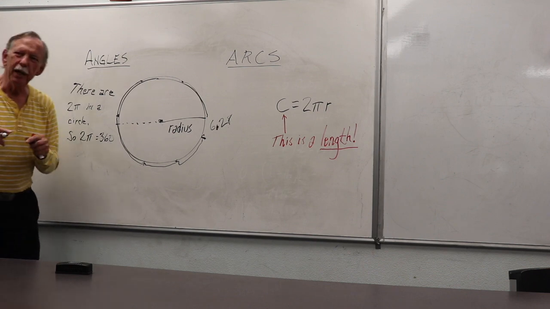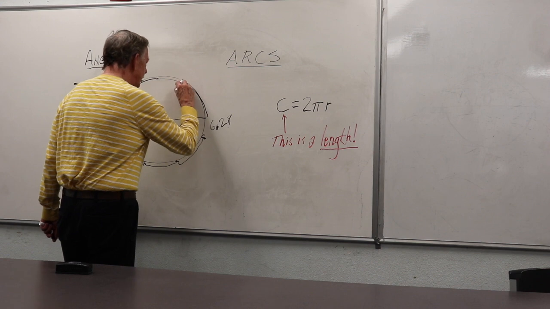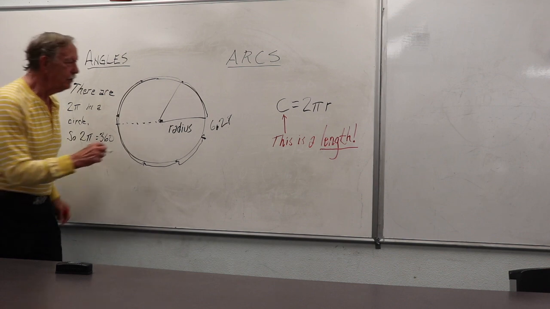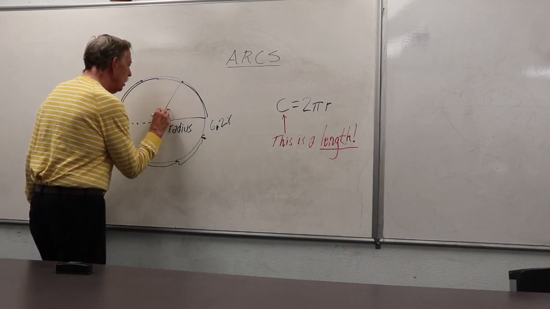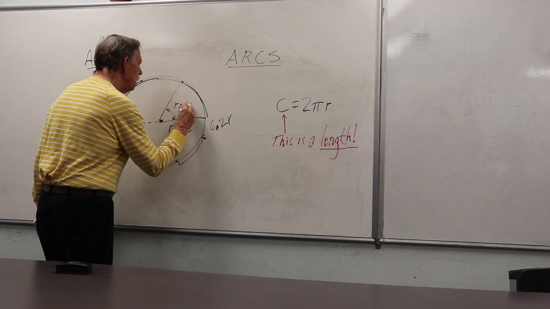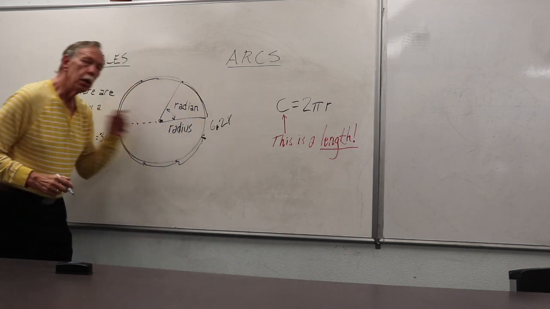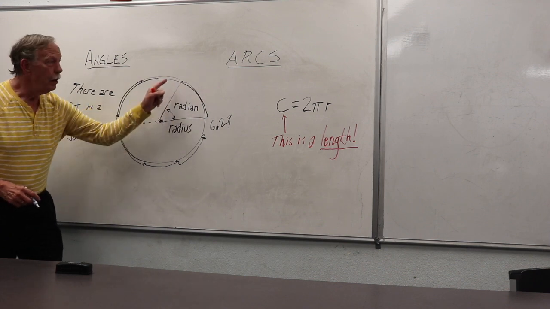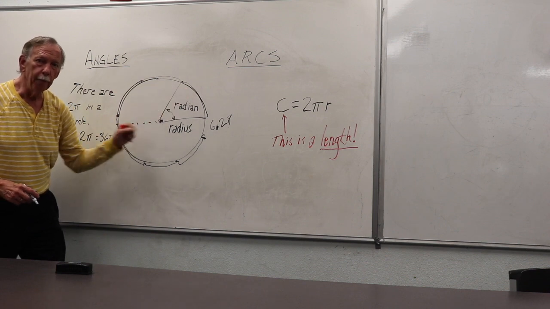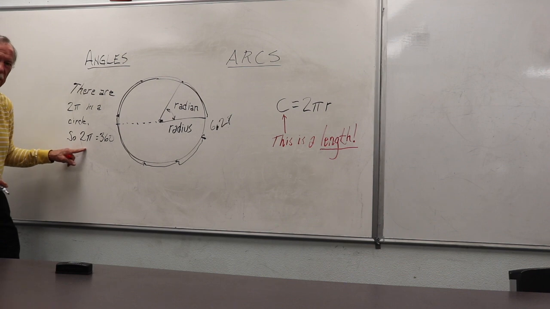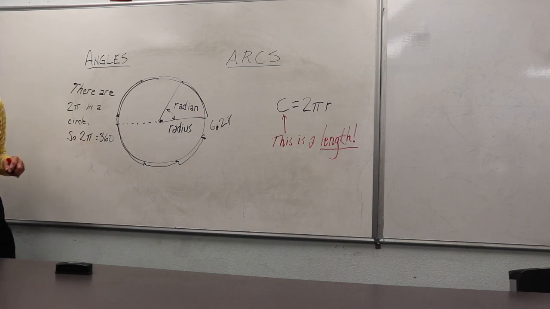Good question. 2 pi of what? Well, the angle subtended by an arc of 1 radius, this angle, is called a radian. The angle subtended by 1 radius is 1 radian. So there's 2 pi what? Radians in a circle. So 2 pi radians is exactly the same measurement as 360 degrees.